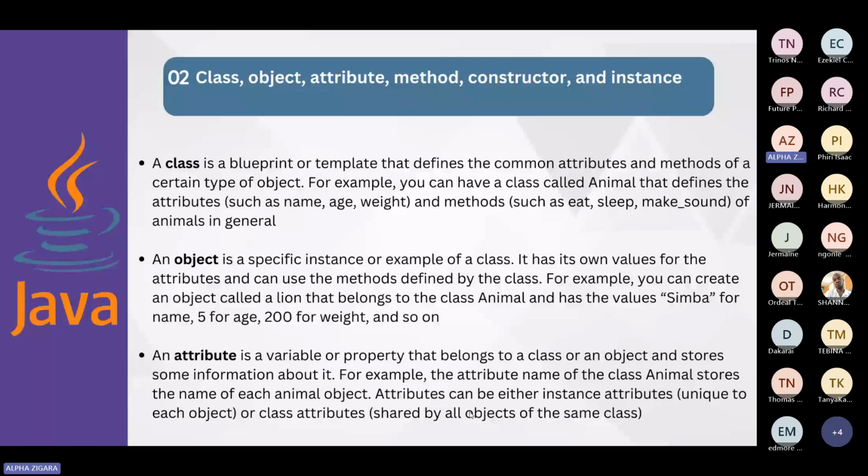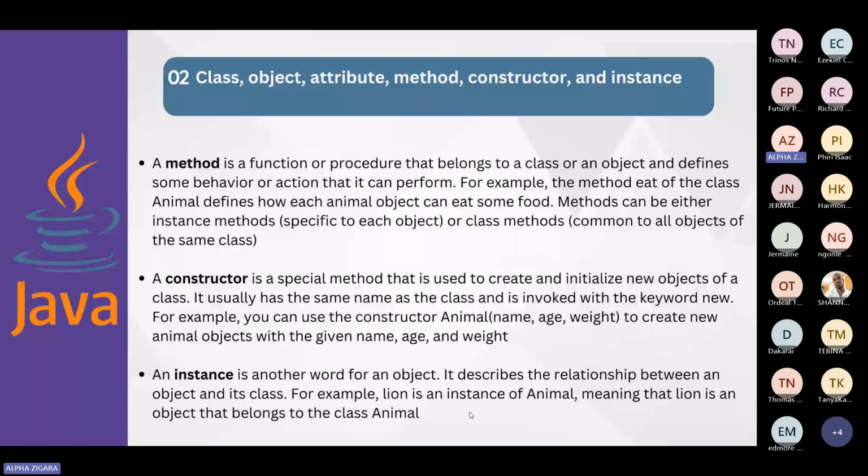Okay, let's move on to another definition, a method. In object-oriented programming, we have some things that we call methods. A method is just a function, a procedure, or we can call it a behavior. Before I proceed with methods, we can go to attributes.